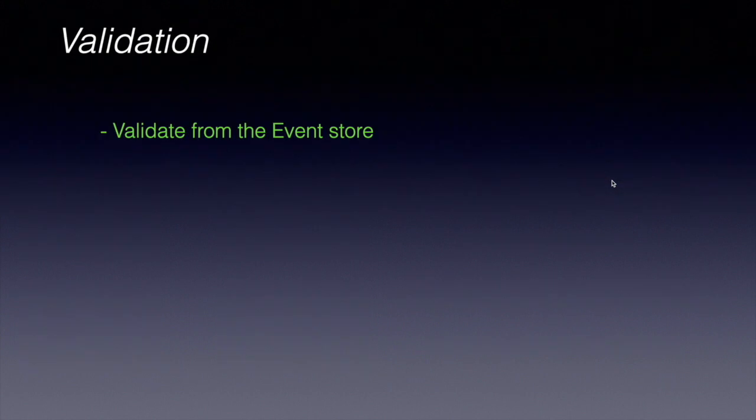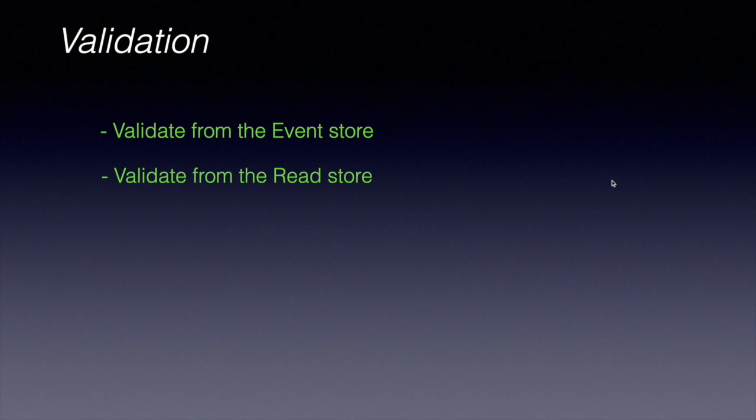Validating data from the event store is also possible, but there is a problem when you read the data from the event store to validate a new user registration, because it's very bad performance-wise. So it's always good to validate by reading the read storage. This is the preferred choice for any organization or system. So always look into the read storage and validate the data.